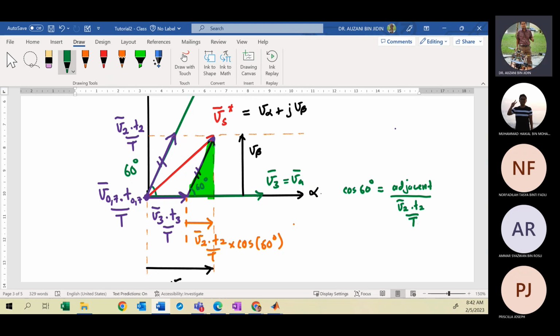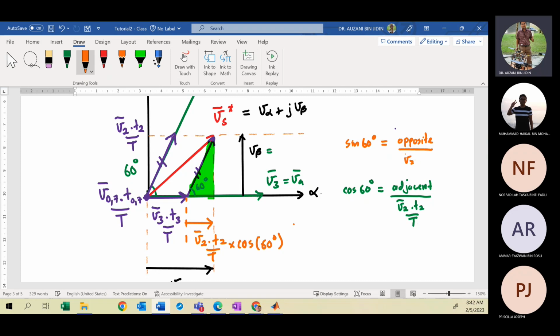And V beta, how to calculate V beta? So for V beta, you apply sine, right? So maybe I use orange color here where you apply sine 60 degrees. Focus on the same triangle, the green color area, where sine 60 is the opposite divided by hypotenuse. Opposite is V beta. V beta is the opposite side of the triangle.